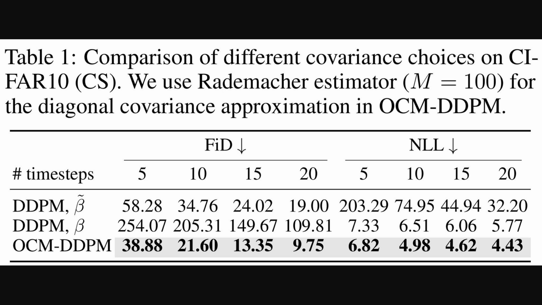The table shows that OCMDDPM, the new method, consistently achieves lower Fréchet inception distance and negative log likelihood scores than standard denoising diffusion probabilistic models across different numbers of time steps. These are the stages in generation, especially with fewer steps, pointing to better quality and faster generation.